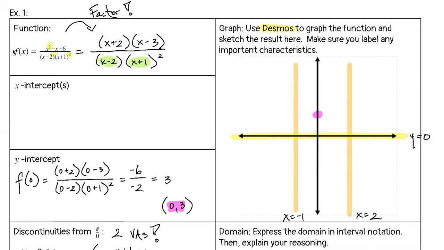Exactly. We don't put in 0 for x, we put 0 in for y, okay? So we want to say f of x equals 0, which for us means that this big long equation equals 0, okay?